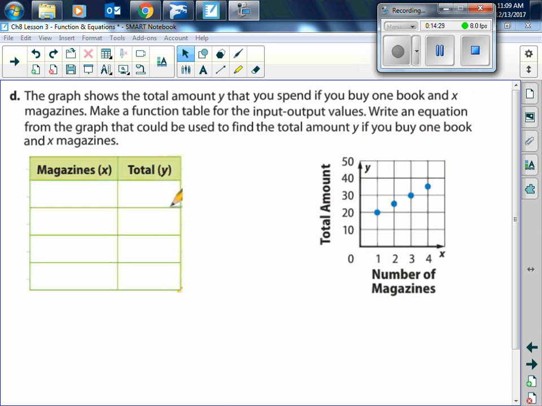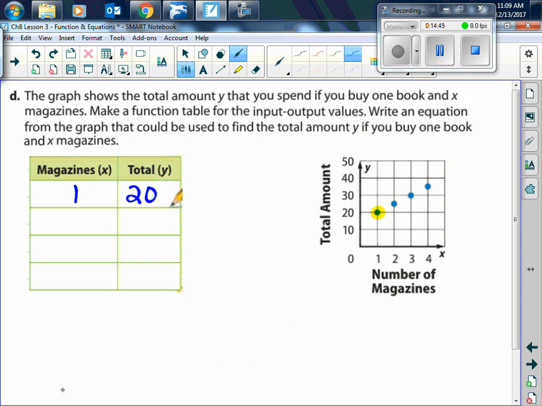Okay? So here, what are my x and y values? We gotta look at the graph, right? What are the coordinates for that point? 1, 20.